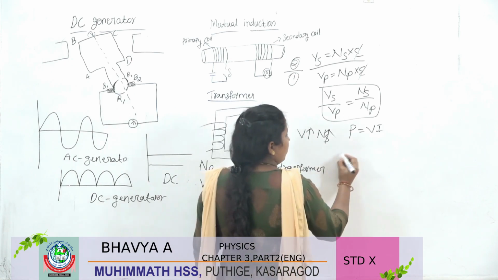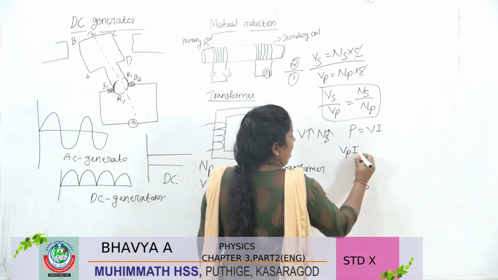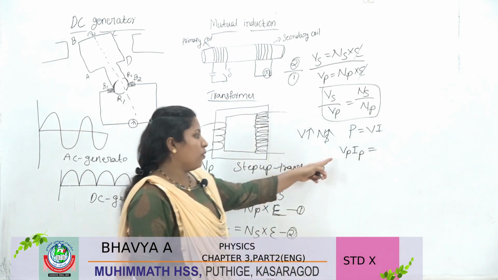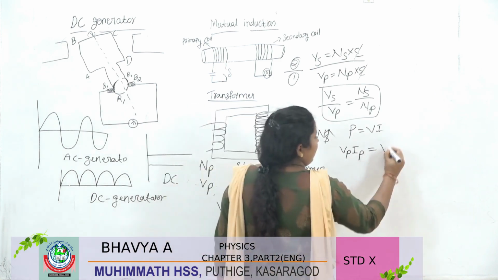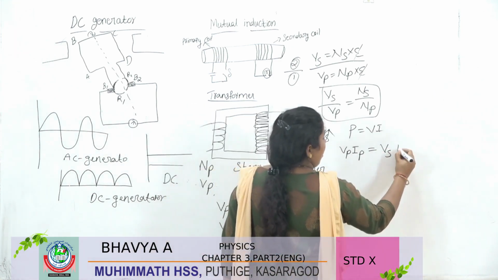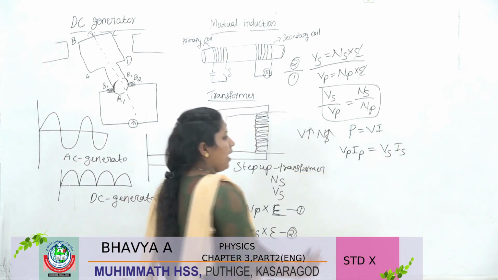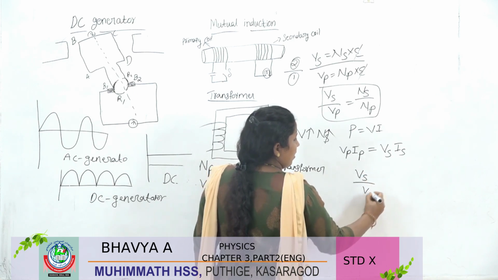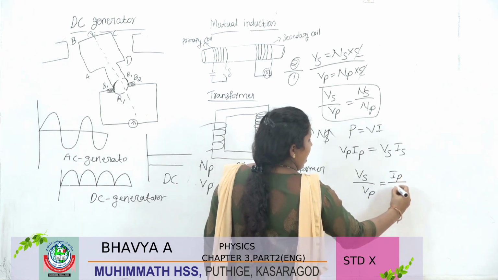P is equal to VP into IP is equal to, since the power in both is the same, VS into IS. So it can be written as VS divided by VP is equal to IP divided by IS.